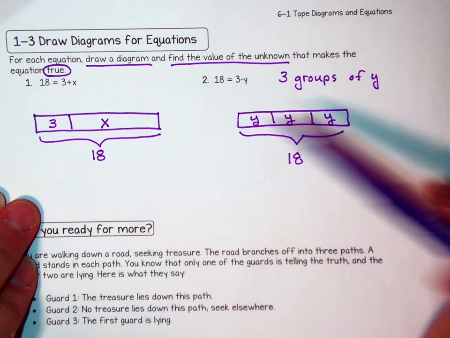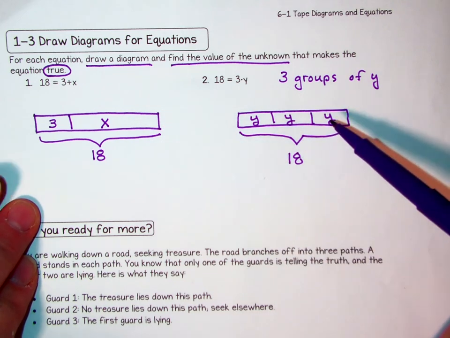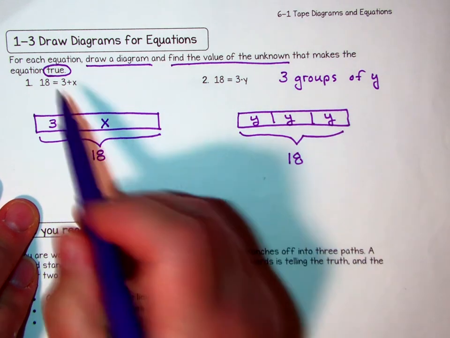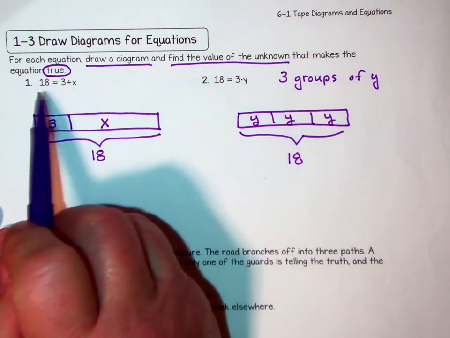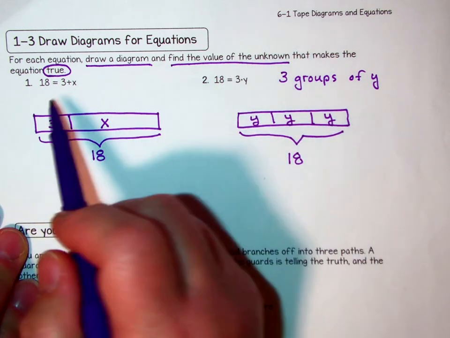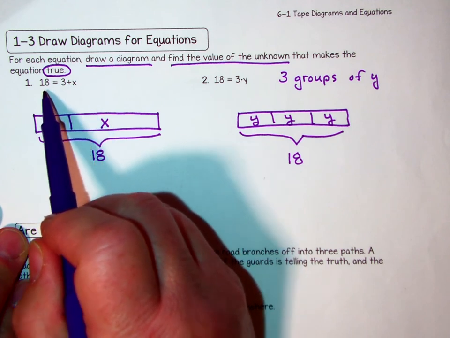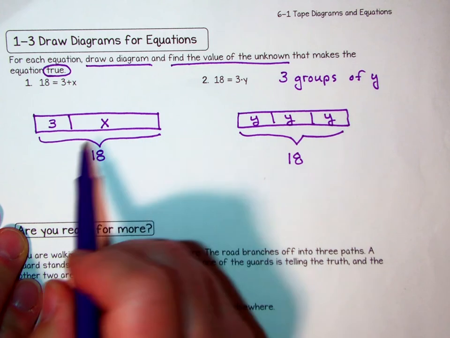Solving means find what value of the variable, the letter, makes the equation true. So you could use the tape diagram to solve them, or some of you might just prefer to use the equation itself. You can intuitively think, well, what number plus 3 equals 18? And that's really what the tape diagram represents as well.